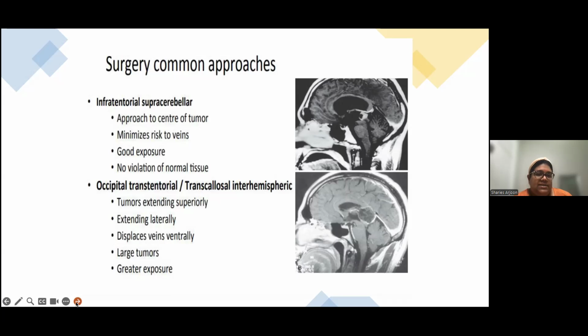It minimizes the risk of injuring the veins. There's good exposure and minimal violation of normal tissue. The occipital transtentorial or transcallosal interhemispheric approach is used for tumors extending superiorly or laterally, that displace the veins ventrally, and for larger tumors, and it allows for greater exposure.